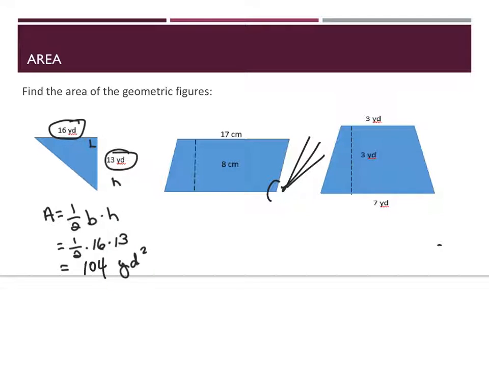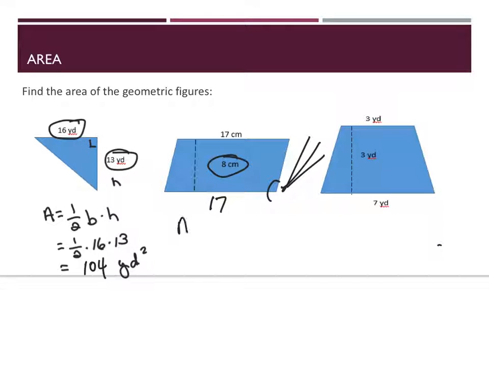How tall the parallelogram is, that's the height. And then you want to take the base as one of the two sides that it touches. So 17 on top, this would also be 17 on the bottom. 17 is what we want to use as the base. The height connects the two bases.